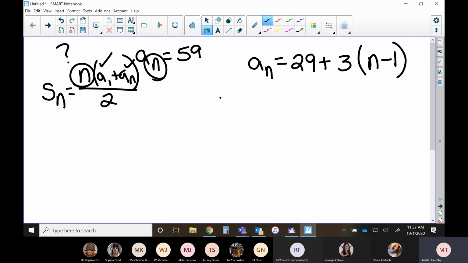What term number are we trying to find? The last one, right? What number is in that last term number? 59 is in that, right? So what can I replace AN with? But what is still going to remain a variable?